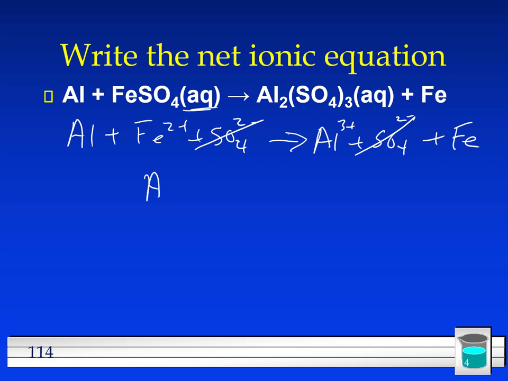So I'm left with aluminum plus Fe2 plus makes aluminum 3 plus plus Fe. And that looks balanced because there's one of everything, except it's not balanced. Because the left-hand side has a charge of 2 plus, and the right-hand side has a charge of 3 plus. Where are 2 plus and 3 plus going to run into each other?